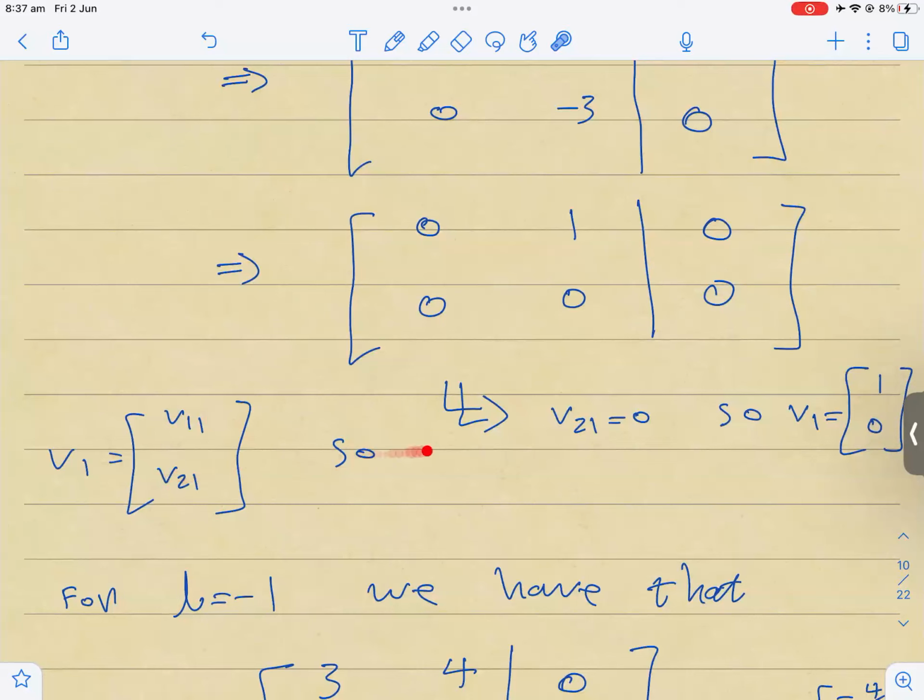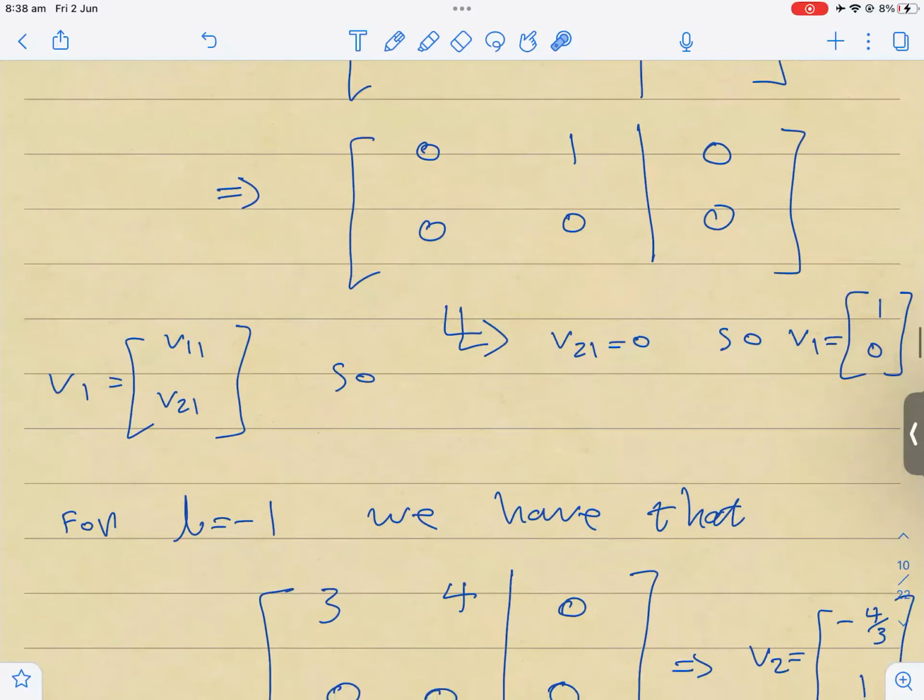As a result, 0 times v1,1 equals 0. 0 times v1,1 plus 1 times v2,1 equals 0. So this will be 0 from the first, and this will be 1 times v2,1, so v2,1 will be 0. v1,1 can be anything, but since we like 1, we will put it as 1.